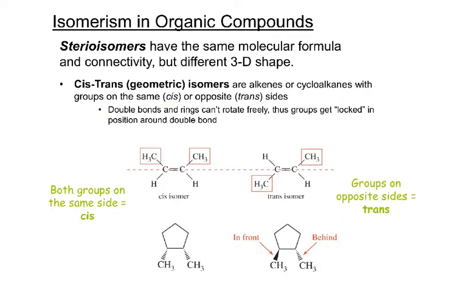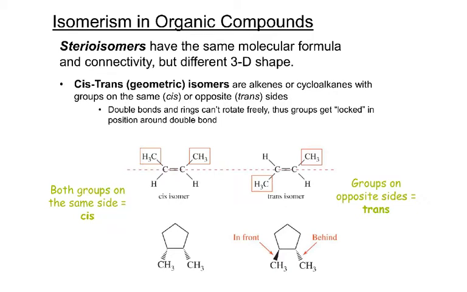Alrighty, so another type of isomer that's more 3-dimensional, these are called stereoisomers, and these may look the same when drawn, for example, like in condensed structure. But if we look at it in 3 dimensions, we realize that it has different forms. So stereoisomers are a little bit more subtle. There's 2 types of stereoisomers we're going to talk about.